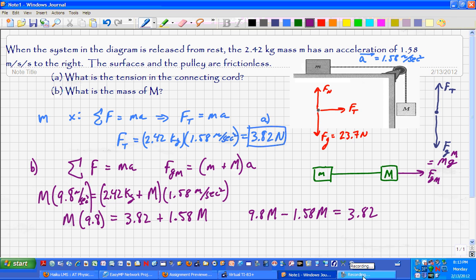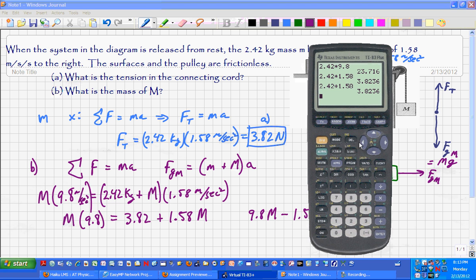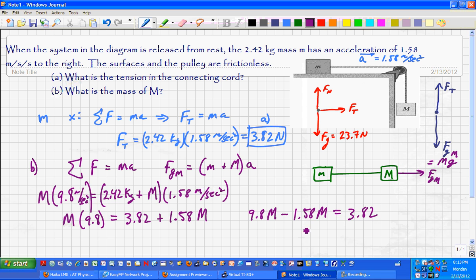So 9.8 minus 1.58 is equal to 8.22. So I got 8.22 M is equal to 3.82.